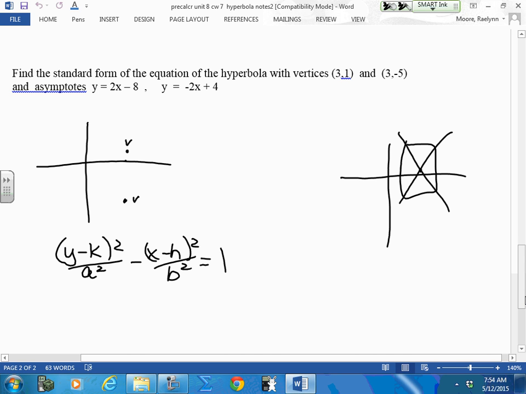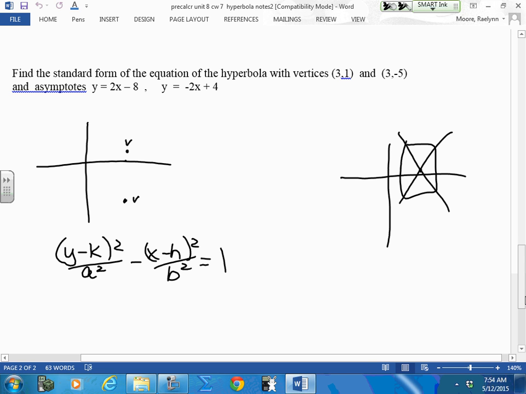So if you wanted to, you could graph 2x minus 8 and negative 2x plus 4 and find your center if you didn't see it with your vertices. This was nice, we can find it with your vertices, but you can always find it with your asymptotes as well. Somewhere through here your asymptotes are crossing.